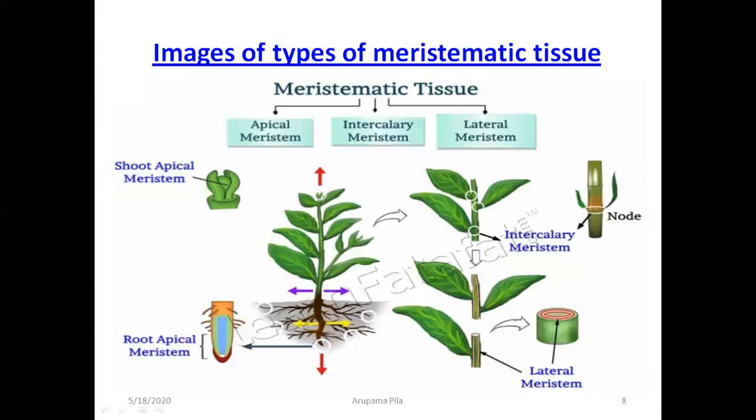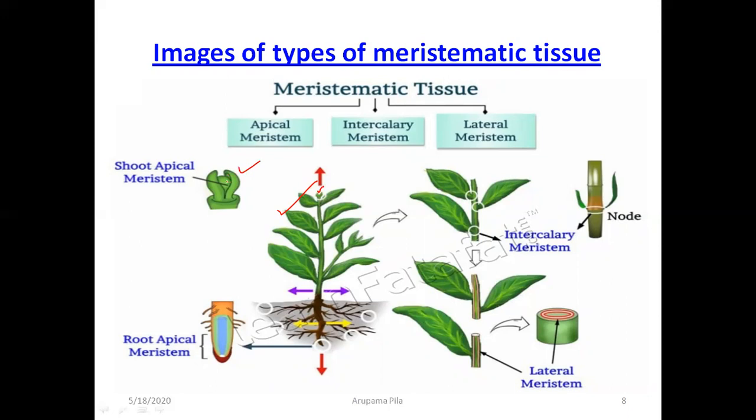Then come to images of types of meristematic tissue. Here again I am showing you the three types of meristem and you can understand better here. This is the structure of a plant and this is the shoot apical meristem, means this is the apical region, and here in this diagram also you can see the shoot apical meristem.